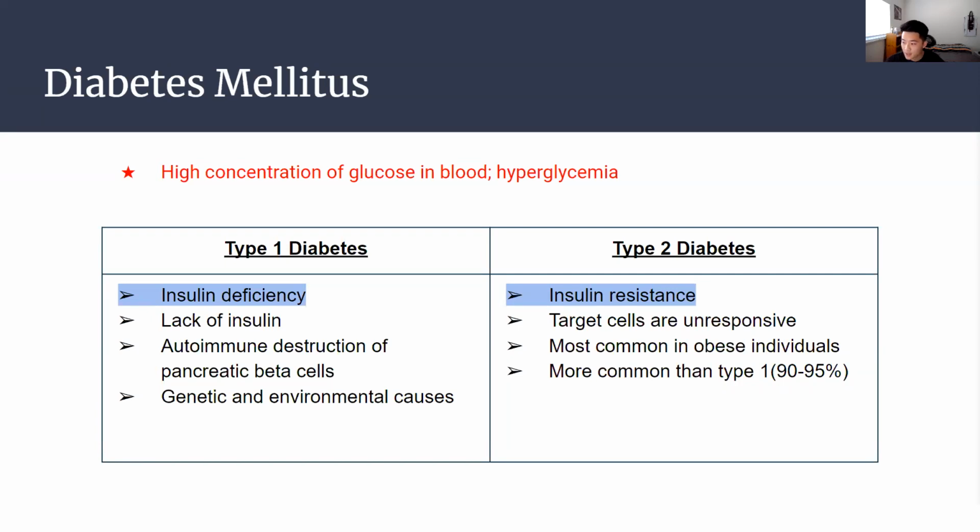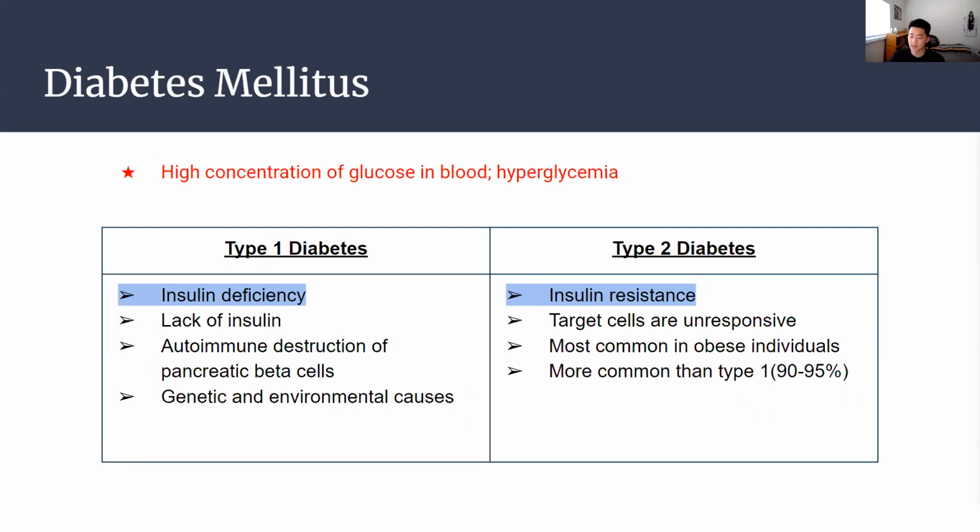Type 2 diabetes is more likely to occur in overweight and obese individuals because insulin sensitivity is most likely to be reduced by excessive fat and adipose tissue cells. So in an overweight individual, they have more fat and more adipose tissue cells, so their cells are less sensitive to insulin, right?